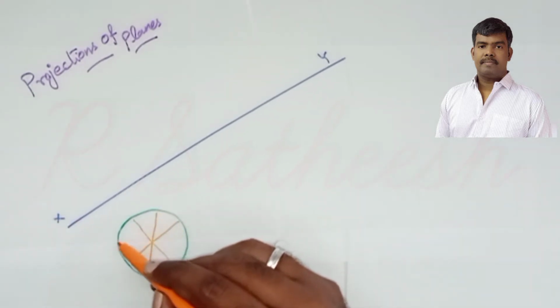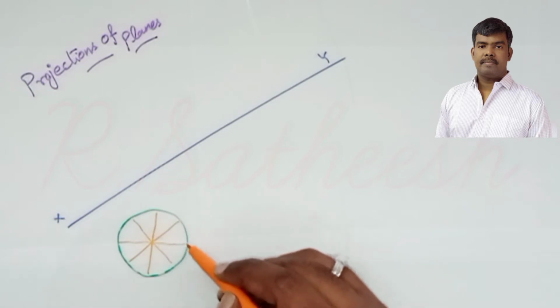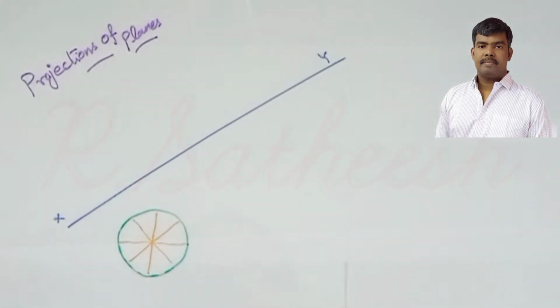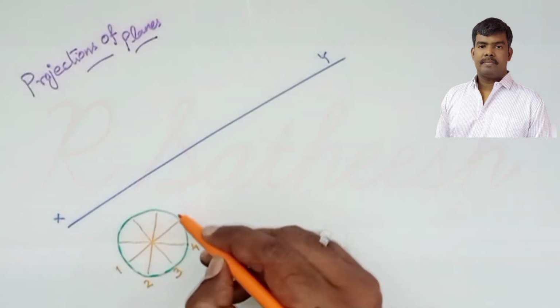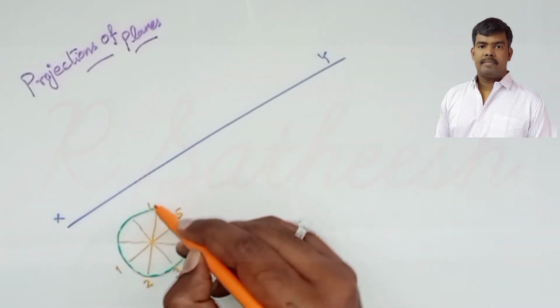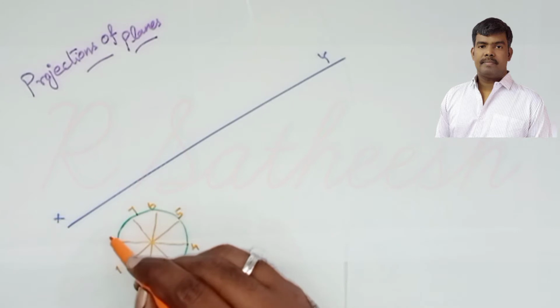After completion of that circle, we divide the circle into n equal parts. Depending upon the circle size, we divide it into either 8 equal parts or 12 equal parts or n number of equal parts, the choice is yours. But now I consider 8 equal parts. So this is, for example, 1, 2, 3, 4, 5, 6, 7 and 8.